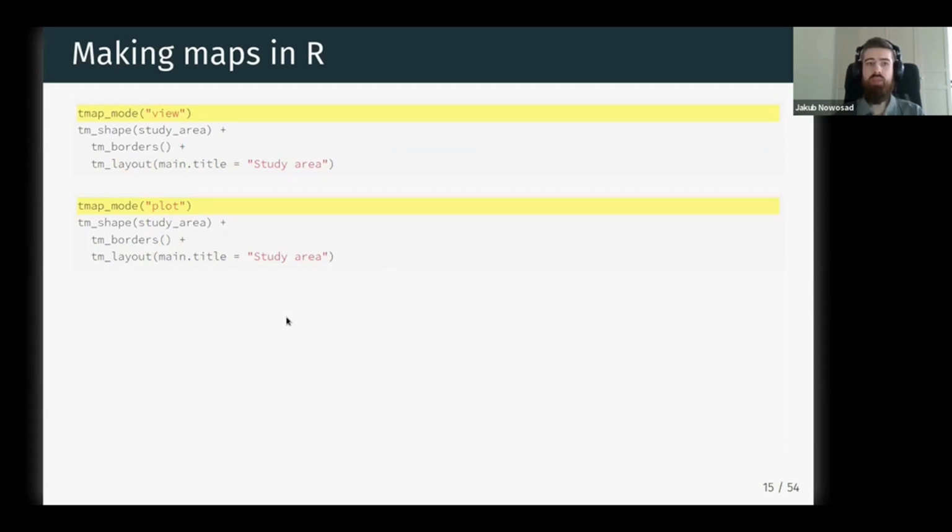So this is a very simple map, but we can already try to use this map using two versions of the Tmap package. I already told you that many functions in the Tmap package start with tm_, and those tm_ functions are used for map elements.